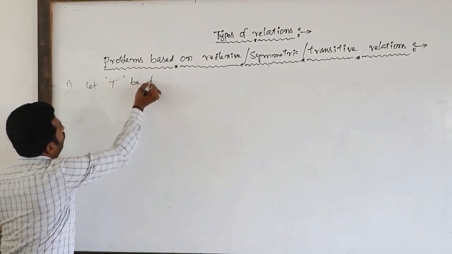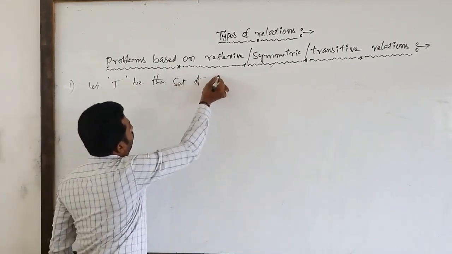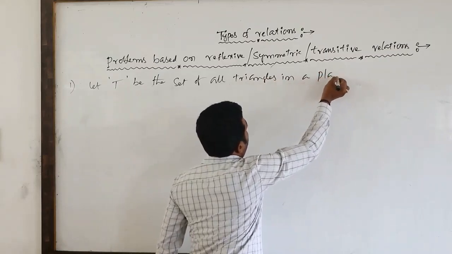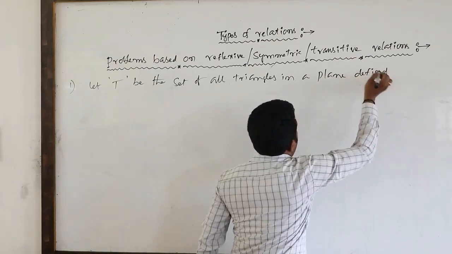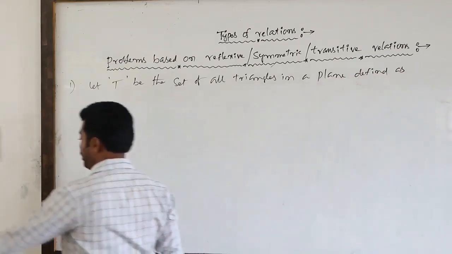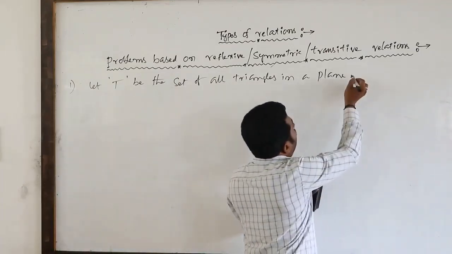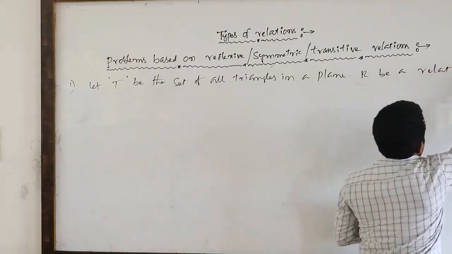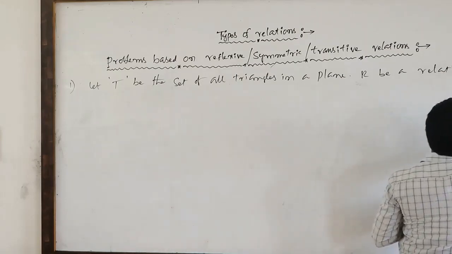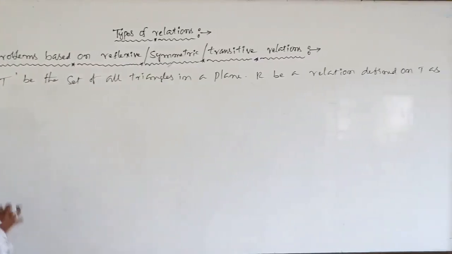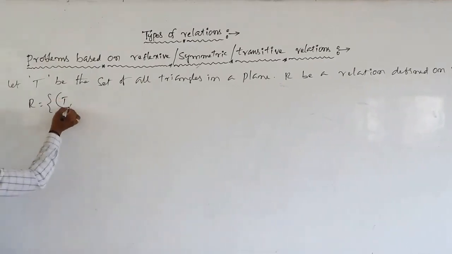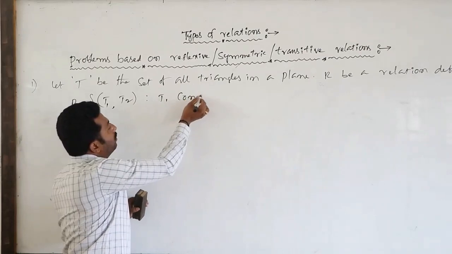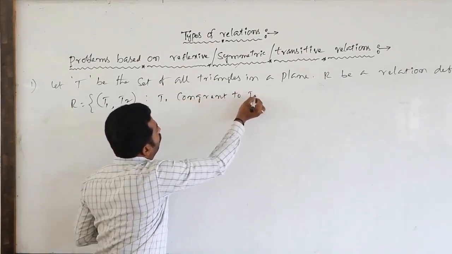Let T be the set of all triangles in a plane, and capital R be a relation defined on capital T as capital R equal to {(T1, T2) such that T1 is congruent to T2}.